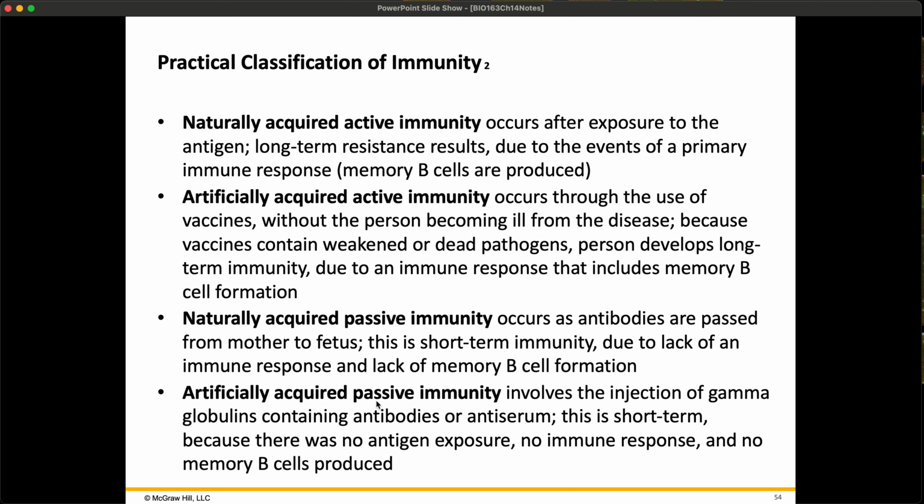Artificially acquired passive. This one's a little tricky. We have COVID to be able to say, hey, we know a little bit about serum transfers now. Artificially acquired passive immunity is when you are given a transfer of antibodies.